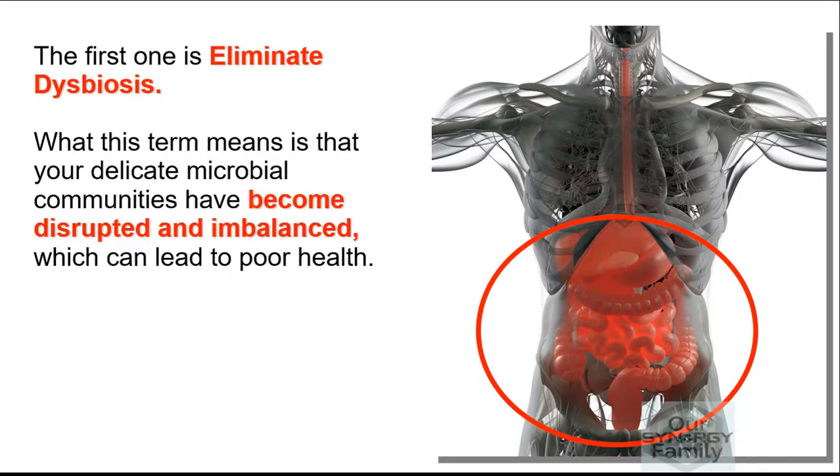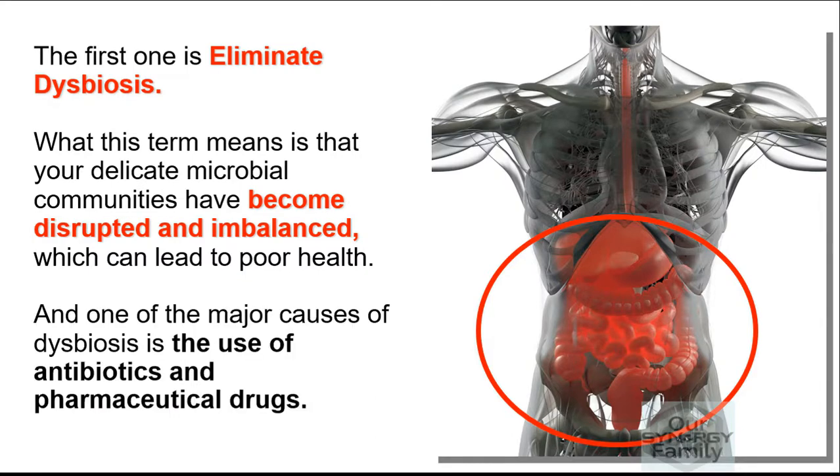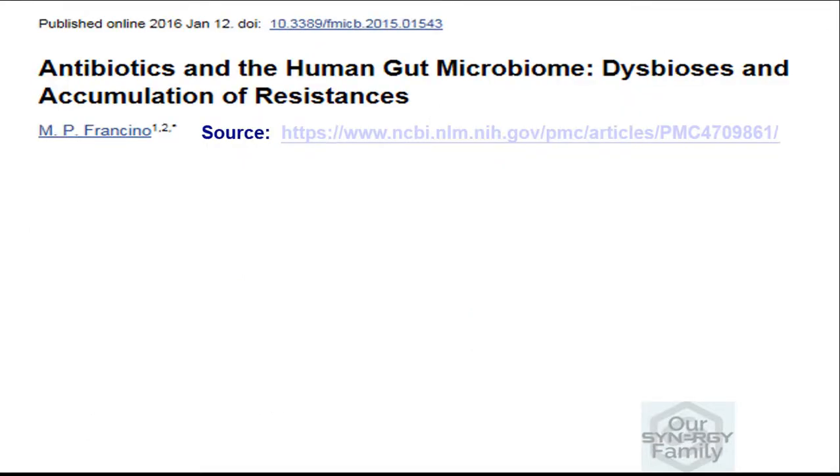What this term means is that your delicate microbial communities have become disrupted and imbalanced, which can lead to poor health. And one of the major causes of dysbiosis is the use of antibiotics and pharmaceutical drugs. As the National Institute of Health points out in their article, Antibiotics and the Human Gut Microbiome, Dysbioses and Accumulation of Resistances, the human microbiome has been overly exposed to antibiotics from both the medical community and food industry.